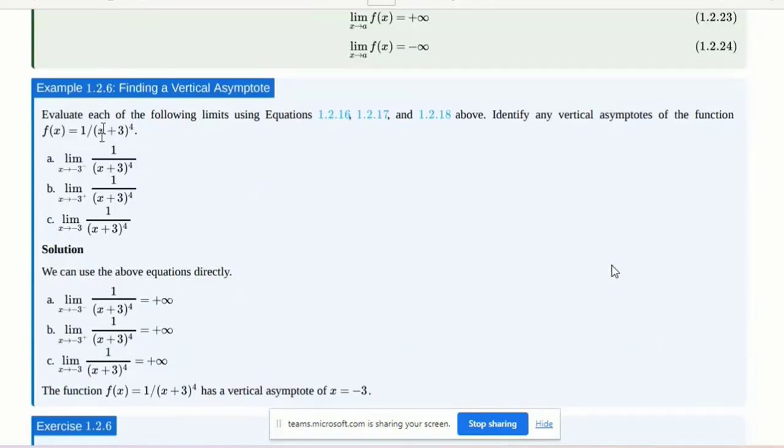Now let's look at this example. Let's look at number A. Number A is the limit of 1 over (x plus 3) to the power 4 as x approaches negative 3 from the left. What do we get when we put negative 3 in the place of x in number A?